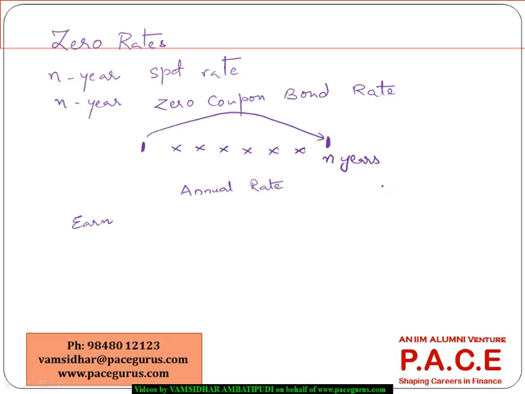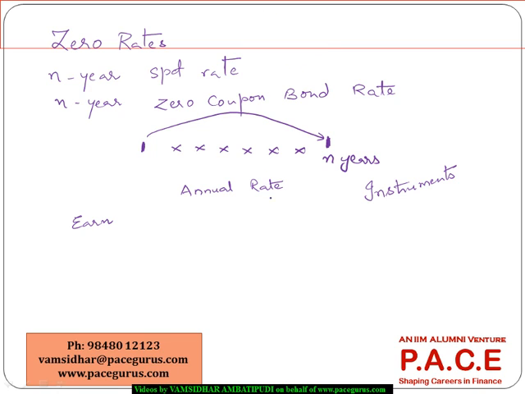For instruments or securities where the payments happen literally at the end of the period and nothing in between, the annual interest rate can directly be found, which is equivalent to the zero rate itself.